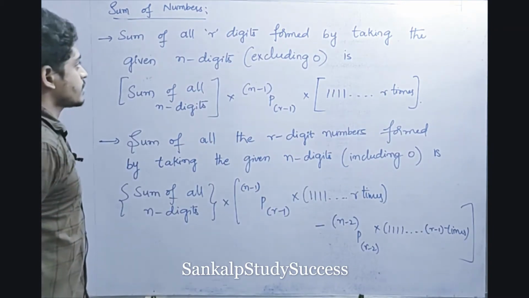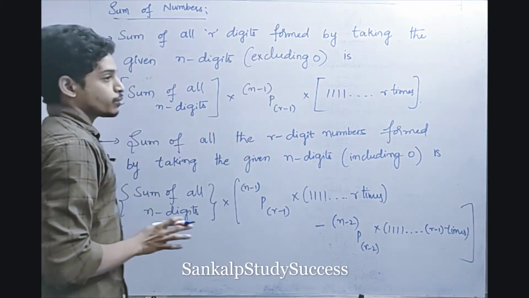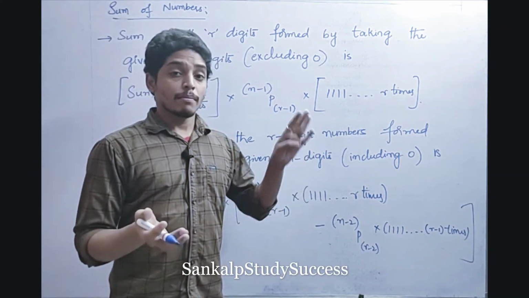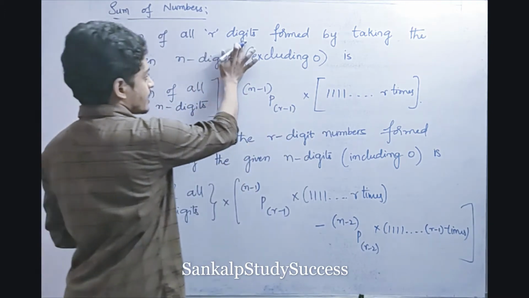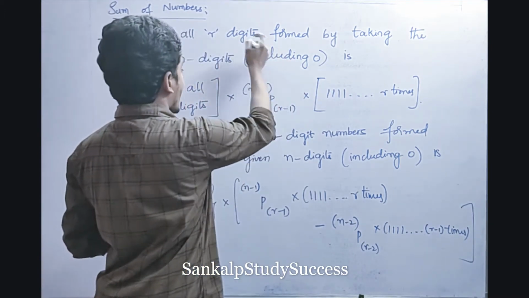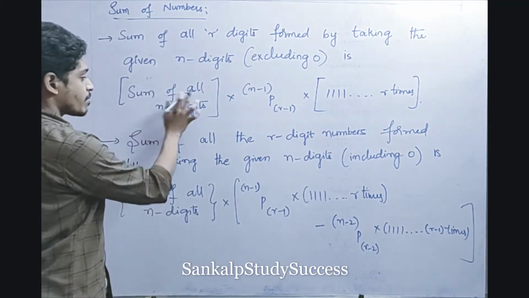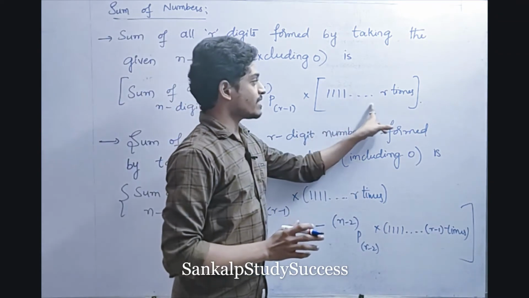So next one friends, sum of all r digit numbers formed by taking the given n digits. Through n digits, the total number of ways of arranging is n factorial ways, but here by taking only r digits out of n digits, forming numbers excluding 0 and adding all the r digit numbers, we get the sum as sum of all n digits into (n minus 1) P (r minus 1) into 1s up to r times.